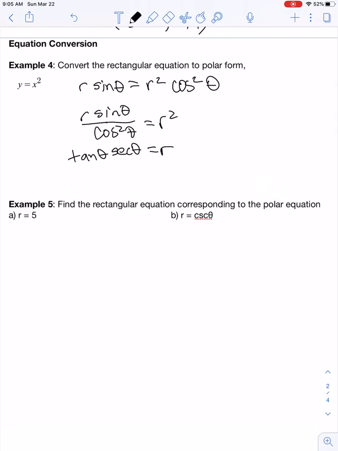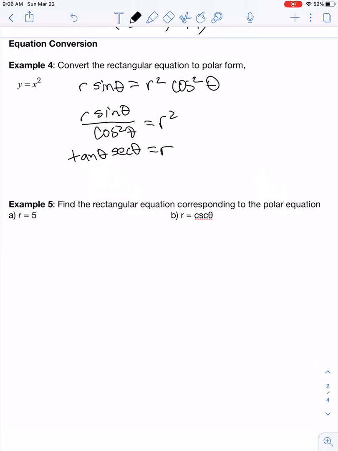All right. Now our last one is going to be changing from r to x and y. So remember what we need for x and y. We're going to need some cosines and sines. So our first one here, r equals 5, doesn't fit the cosine or the sine.